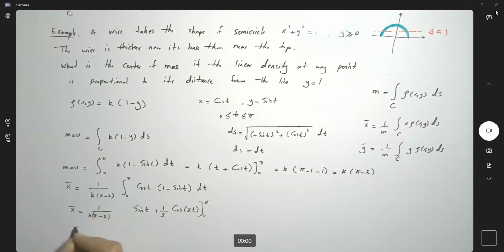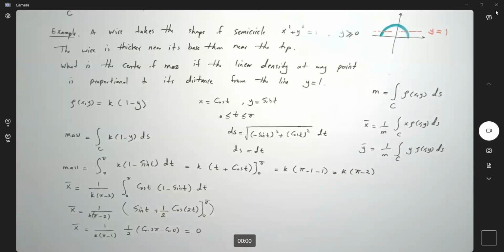If I plug in 0 and pi, sine is 0. But here I have a half, I get cosine of 2 pi minus cosine of 0, which is 0. So far my x coordinate is equal to 0.